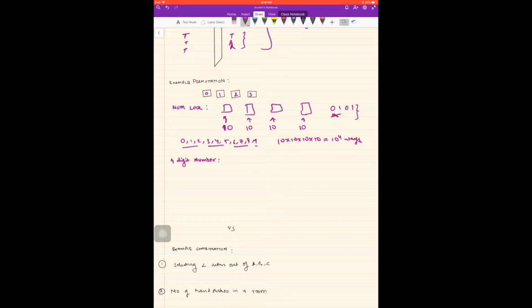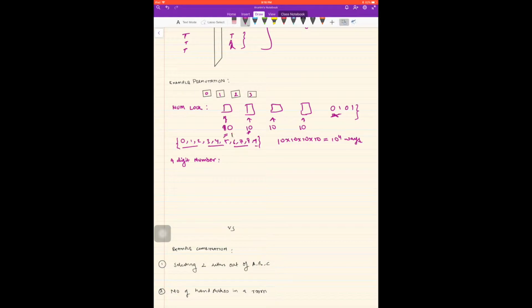Right? So in this case, what will happen? Let's say in the first place, you can put any of the 10 numbers. Now once you have used one of the digits from this particular set, that number has to be excluded from being filled in this particular box.